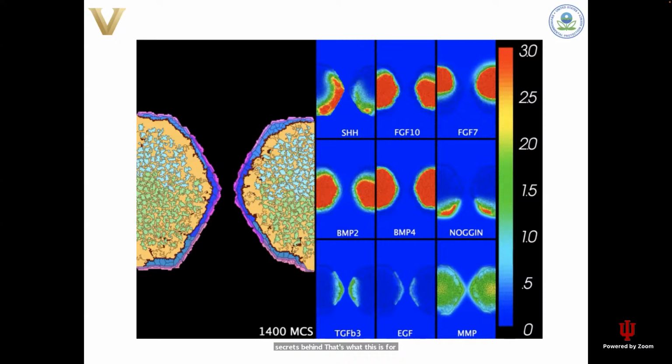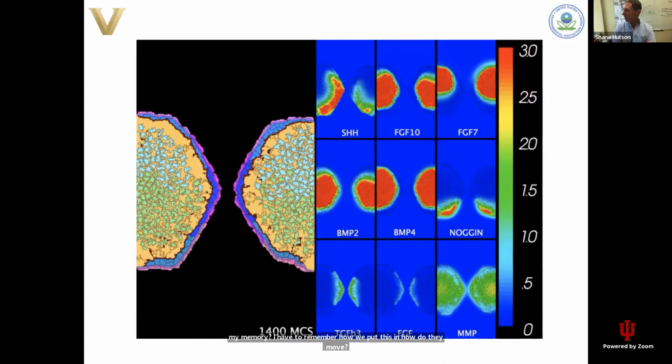I have another question over that. So basically, you said you set a very high lambda volume, but then how do they move? All right, now you're testing my memory. I have to remember how we put this in. How do they move if we had that very high lambda volume?